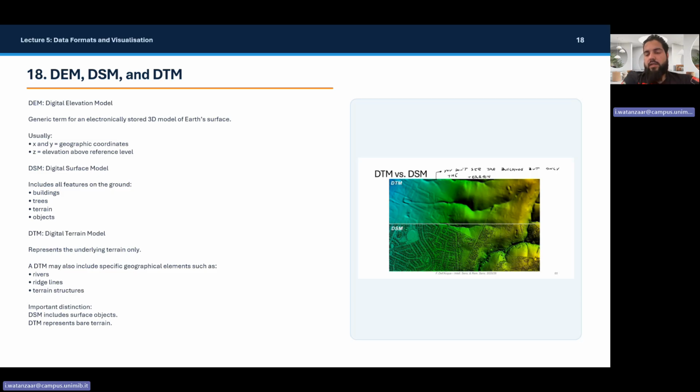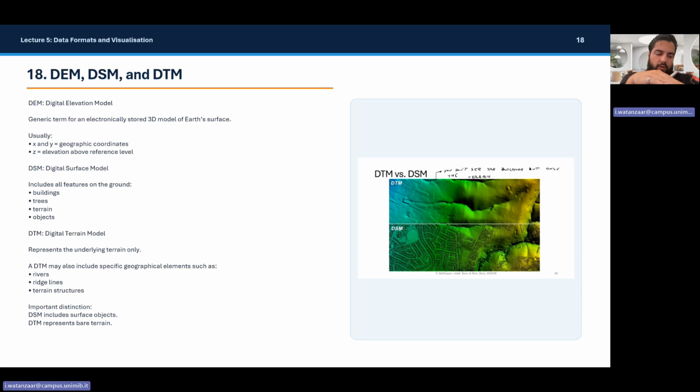It is exactly the digital elevation model, and it usually uses the X and Y coordinates to feature something on the map, like geographic coordinates. Z is representing the elevation above the referencing model. As we are seeing things in 3D, there is a third parameter, Z, which represents the height or altitude when looking at the top view.